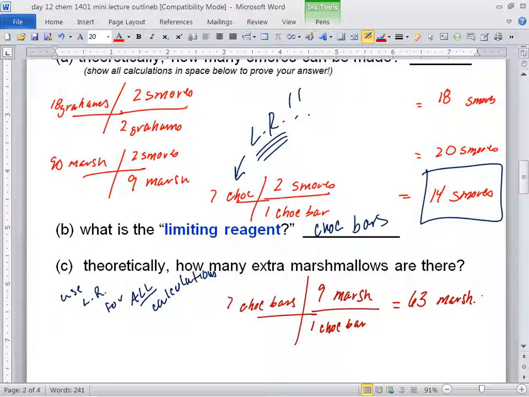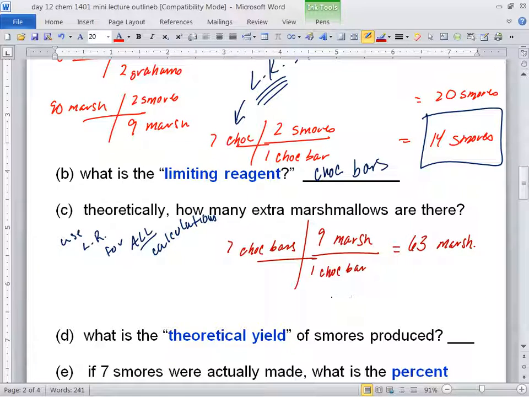Right. And then he said, do you remember that? He said you got to subtract it from the number that you had. He nailed it. So 90. But the point is, these are the marshmallows that reacted, because all those 7 chocolate bars reacted, so that means all of these marshmallows reacted.